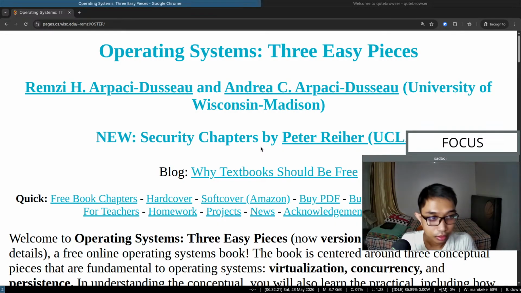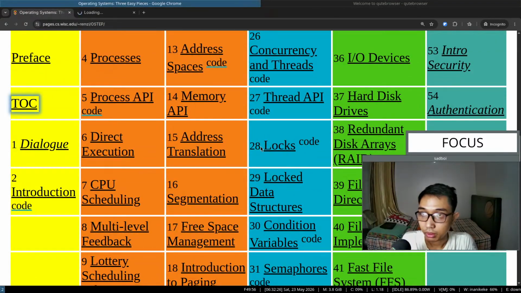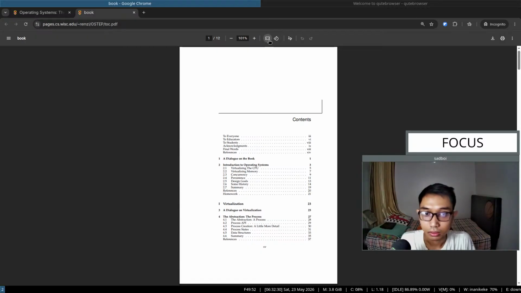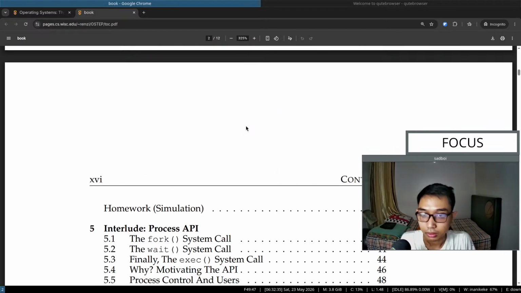Let's continue. Okay, let me open the table of contents first.